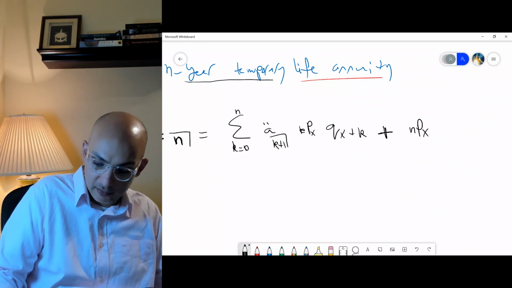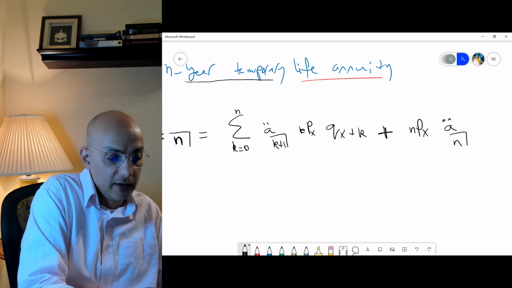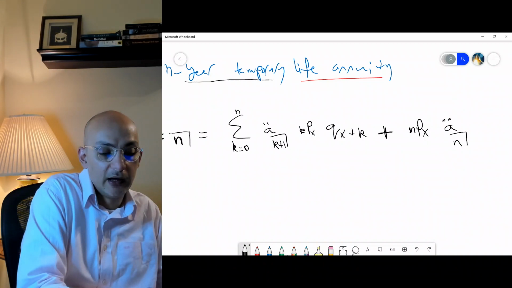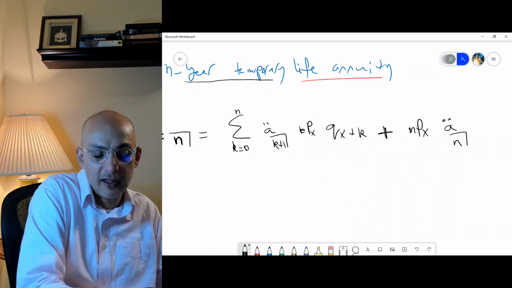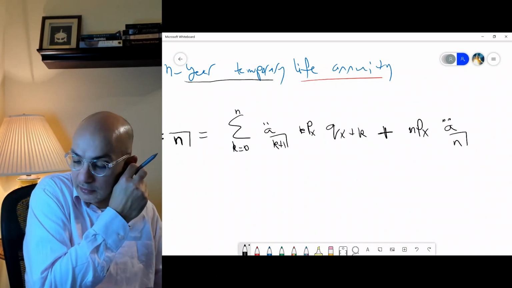The last term will be a-double-dot n. So if death happens before, fine, but if the individual survives that n period, they will still get this one, right? We'll get those life annuity.